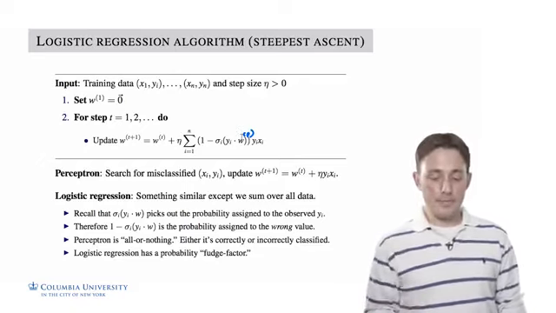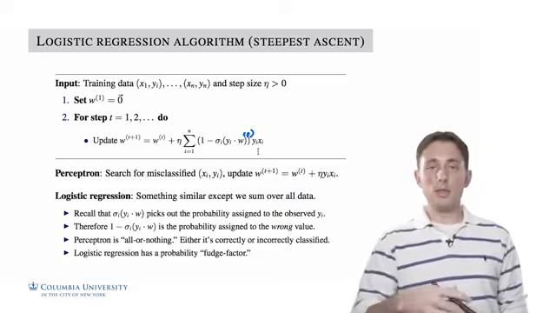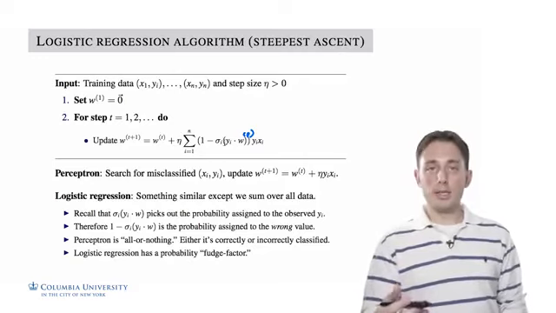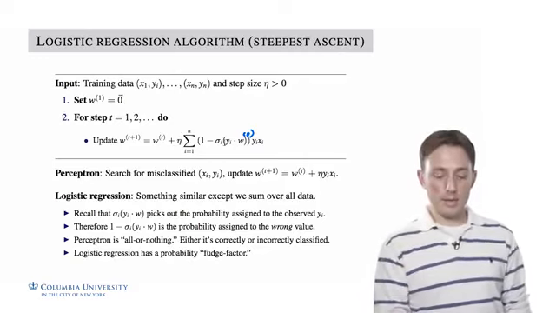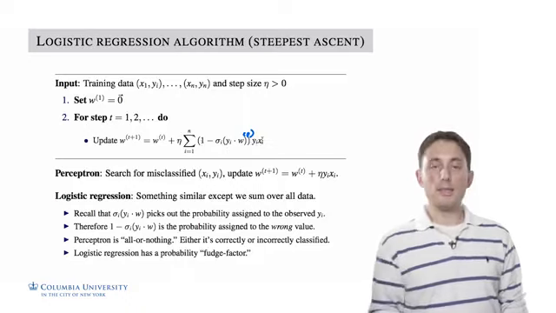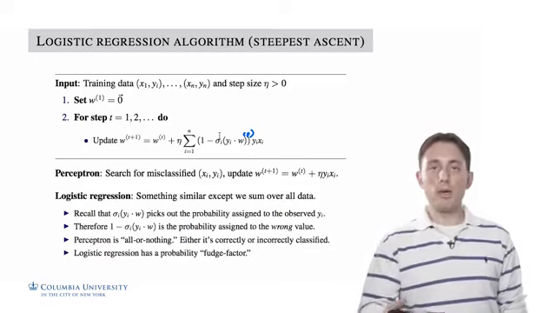On the other side, if our labeled instance is, say, +1, and our model is very confident in predicting +1 for that instance, this will be very close to 1, and then we'll have something that's essentially equal to 0. So this value here that's pre-multiplying y times x is like a measure of how confident we are in our prediction.